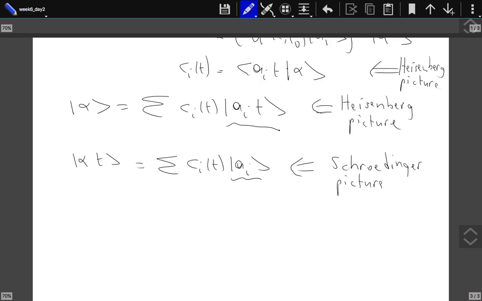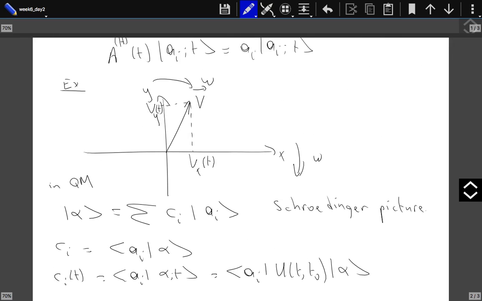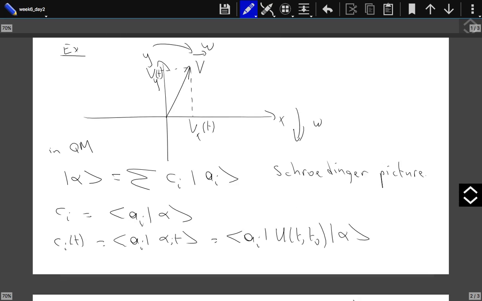These AI of t's are time dependent, but in a sense they are rotating in the opposite direction because they are evolving by U dagger, not by U. Ci of t is also time dependent. The coefficients are time dependent. Just like in this example: if you want to keep V fixed, although the coordinates are rotating, you have to make sure that the components are time dependent.